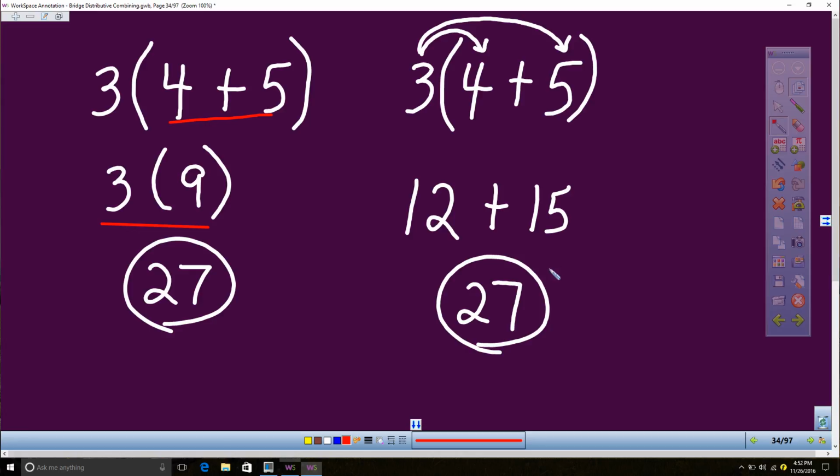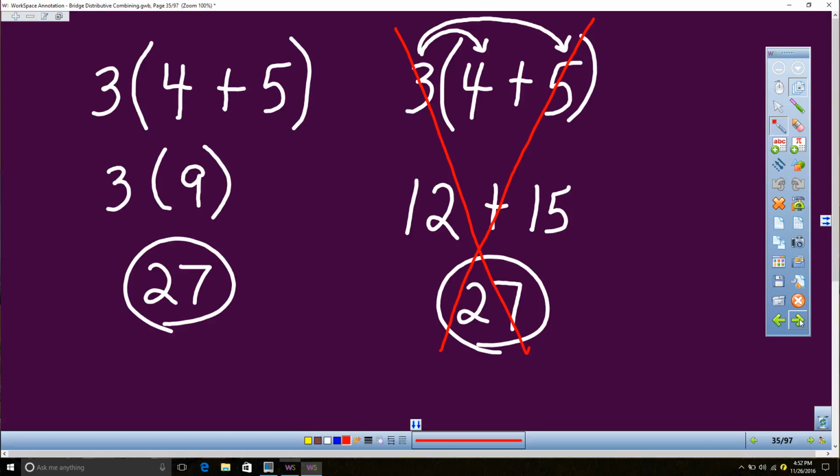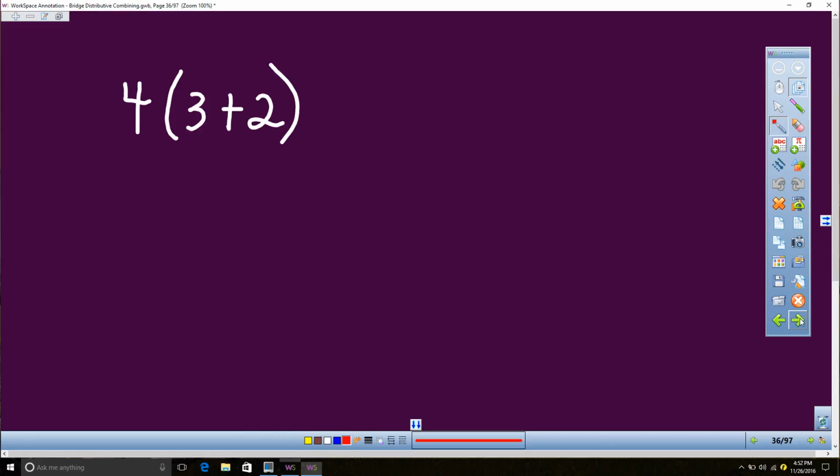So why use this pattern if it's more difficult? Well, we don't use the distributive property in a situation like this because it is harder. So if I ask you to simplify this expression, you would not use the distributive property. You would go ahead and use the order of operations to do what's in parentheses first because it's easier.